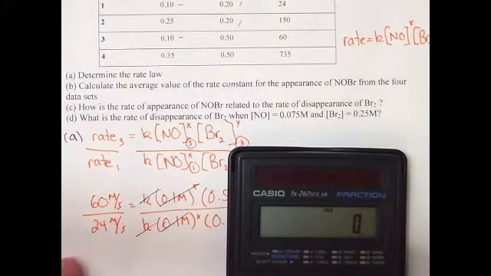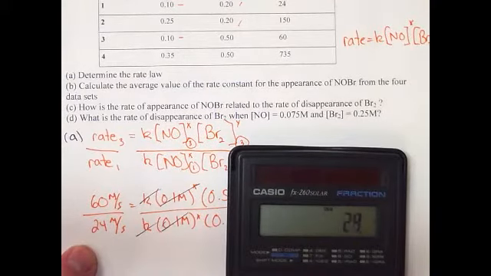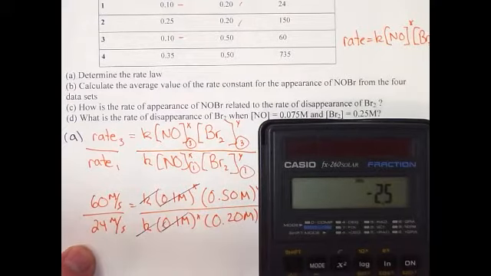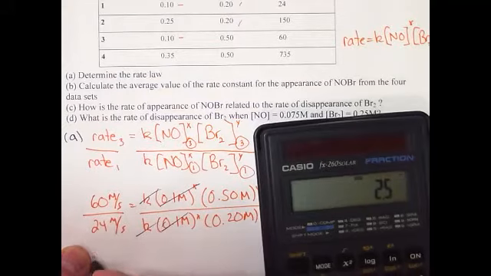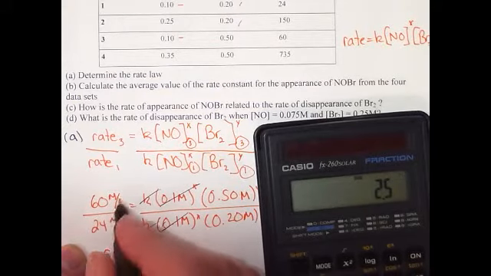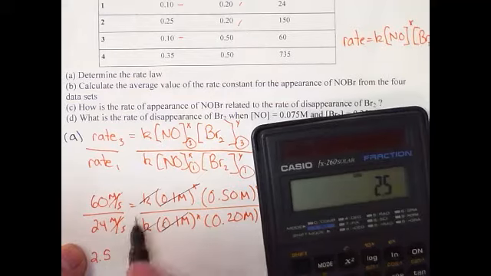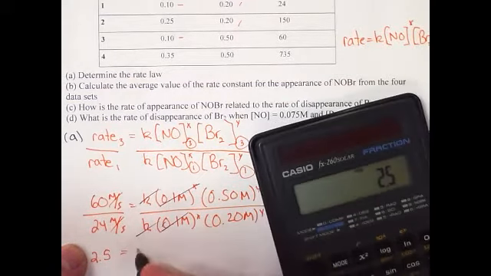So first up, let's go 60 divided by 24. Hit that right. It's 2.5. The units will also cancel. Is equal to 0.5 divided by 0.2.